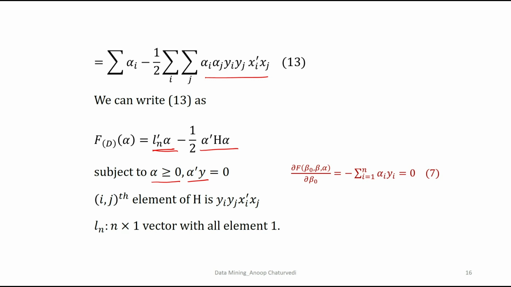Here, the ijth element of H is yi yj xi transpose xj. So, you are writing this term equal to hij, the ijth element of H, and 1n is an n cross 1 vector with all elements equal to 1.